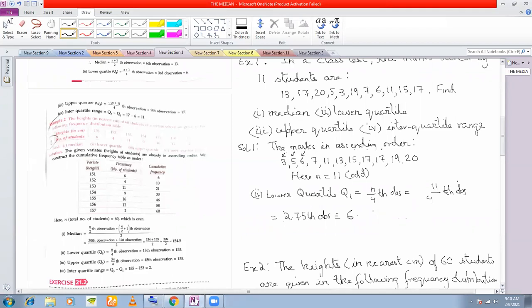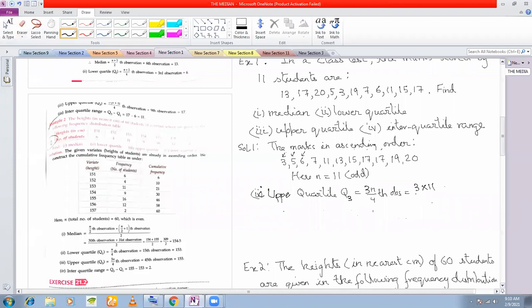Next we look at the upper quartile, or Q3. This is your part 3. Upper quartile Q3 is 3n by 4th observation.